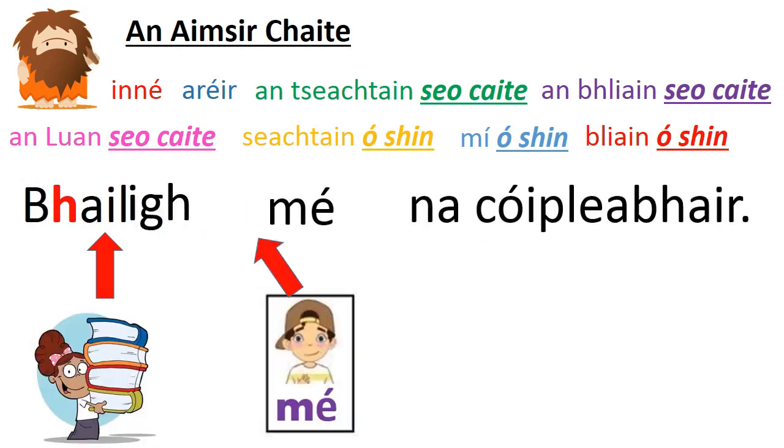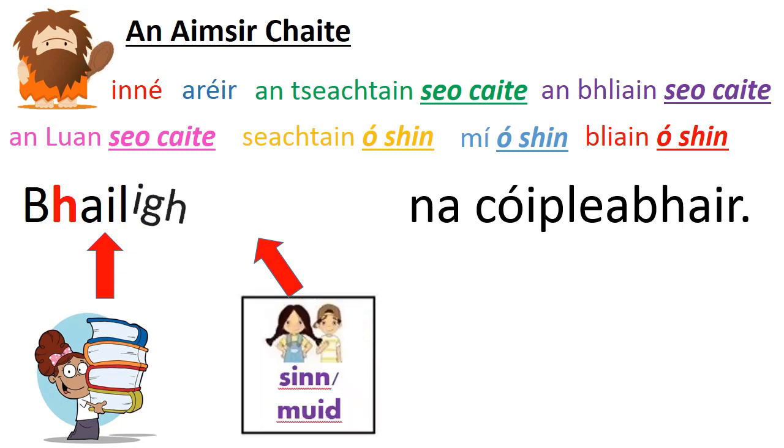Anois féachaimis ar an gceann seo. Bhailigh mé na cóipleabhair. I collected the copies. Arís caithfidh mé fáil réidh leis an dara seolaí. So away it goes. Agus anois iamar. Bhailiamar na cóipleabhair. An bhfeiceann tú aon rud anseo? Féach. Guta leathan, ach féach anseo. Sin guta caol.